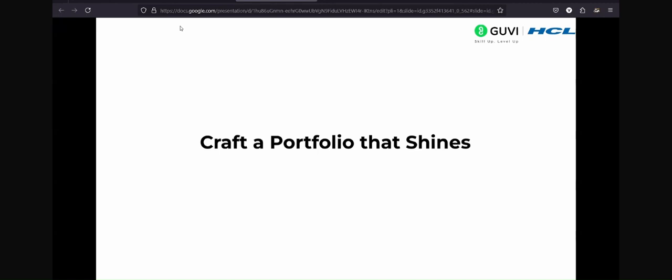One more thing, resume and portfolio are different. In a resume you will have all the data: what your objective is, what skills you have, where you have done your engineering education, and all the details. But the portfolio will highlight your work.